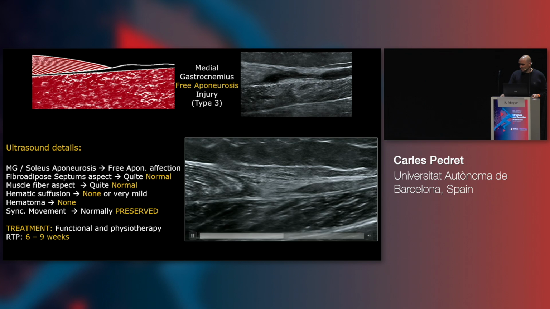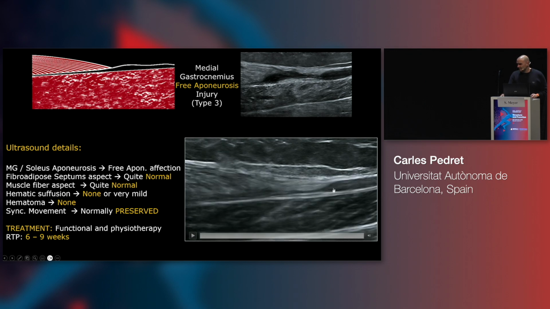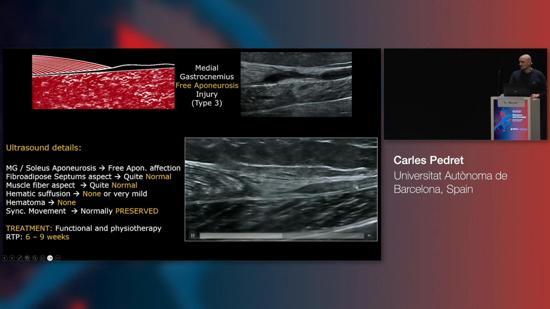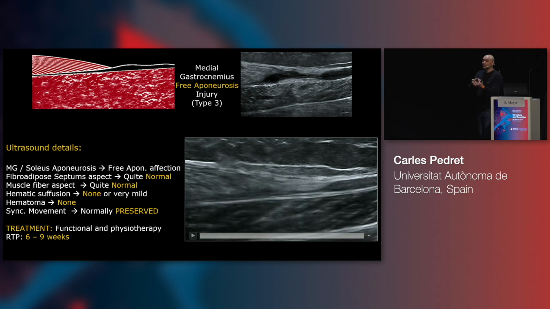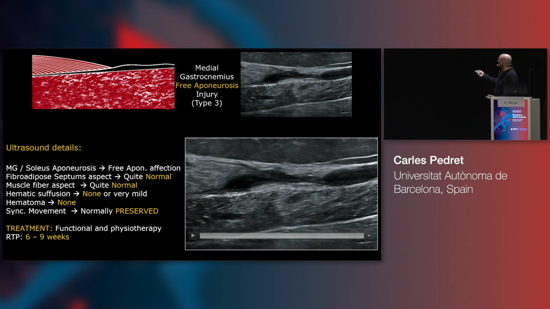You can see an almost normal region in that part, but then you can see this rupture in the free gastrocnemius aponeurosis. And normally, as the aponeurosis between both muscles is still connected, the synchronous movement is preserved. So in terms of functionality, they work quite well from the beginning. So you need to imagine something like that. Okay, this is the typical image that we see when we speak about the type 3.